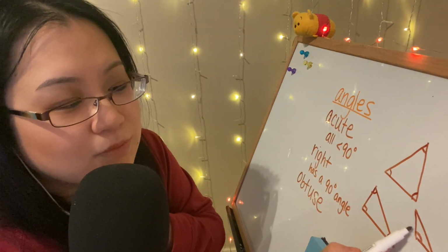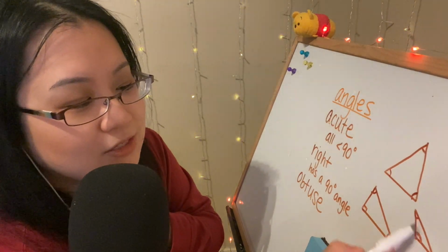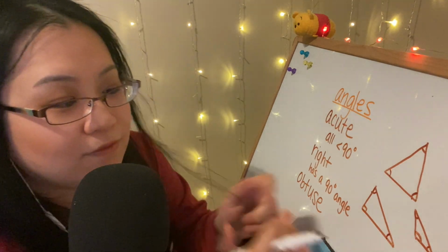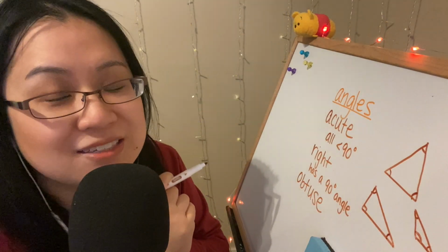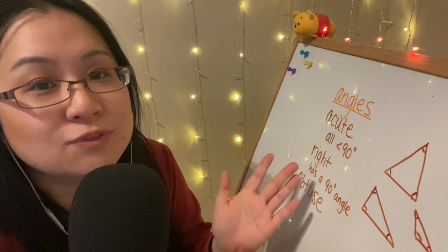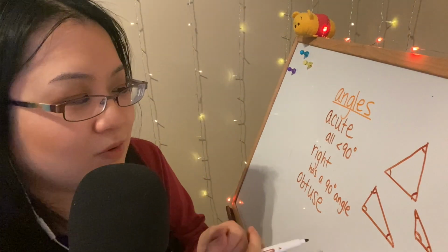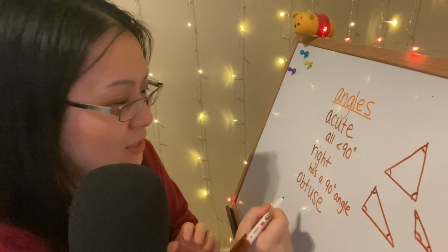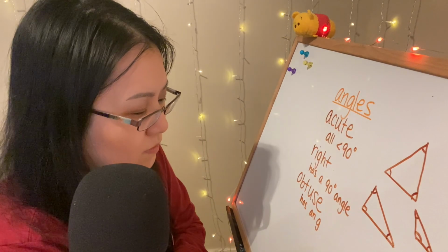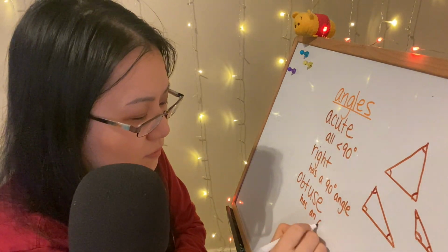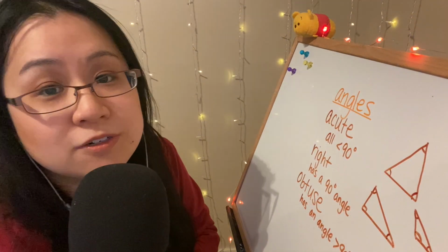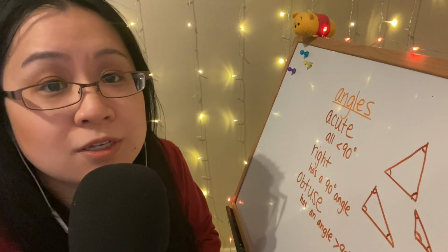But since this is more than 90, and the interior angles have to add to exactly 180, that forces the other two to be less than 90. So we're only going to have one obtuse angle, an angle that is more than 90. So it literally has an obtuse angle.